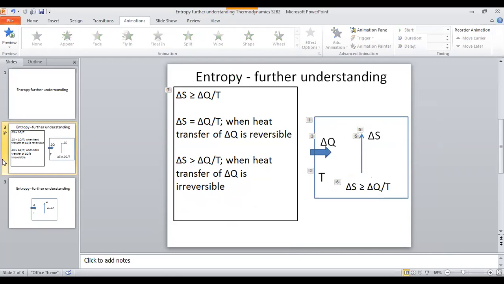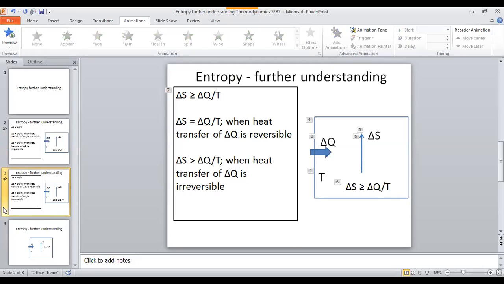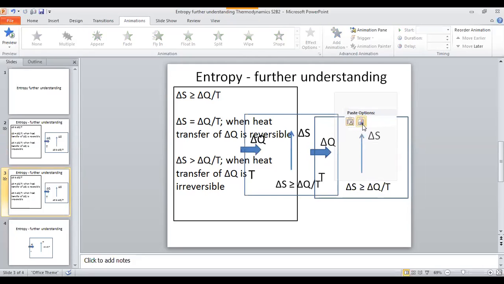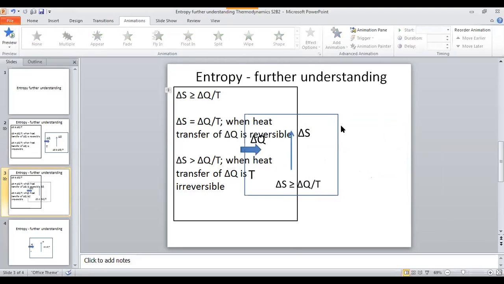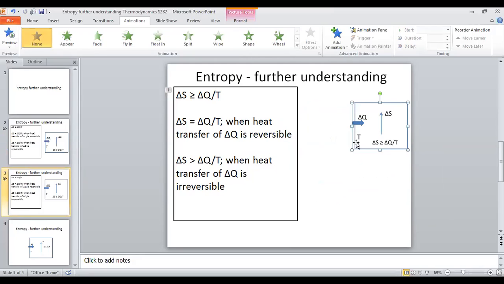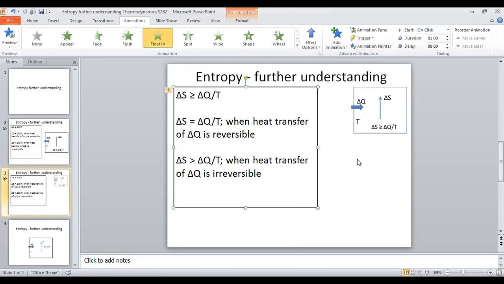So let me duplicate this slide, and I'm going for a case now. I'm going to delete this picture, and just for the memory, I'm putting this picture aside.